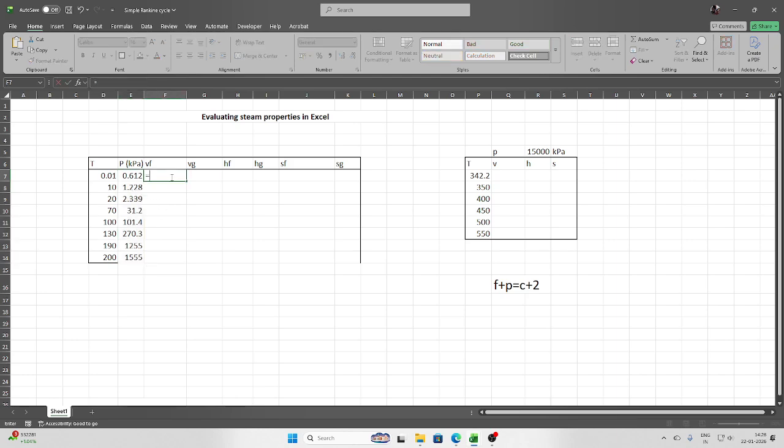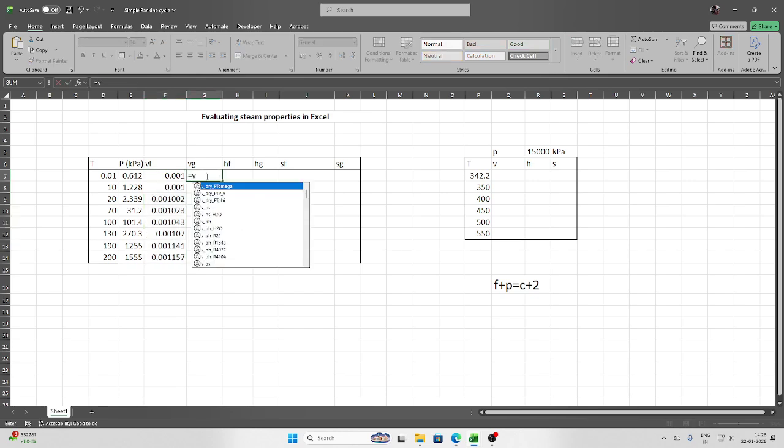Now specific volume of saturated liquid, so VL with respect to temperature. Now you have this. So for water, you pass the temperature, that's it. Now you have the specific volume. Likewise, specific volume for saturated vapor is VV. With respect to temperature, you simply pass the temperature and that's it.